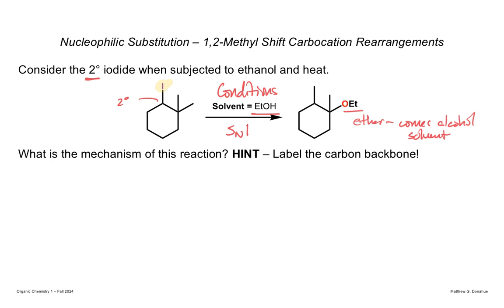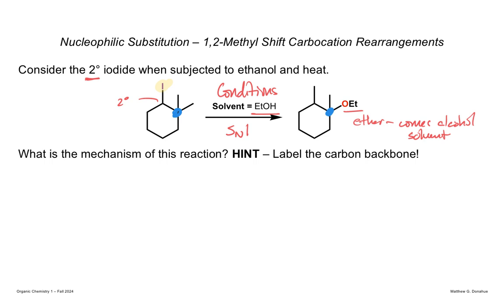But what's different now is, see that carbon in blue, it starts with 2 methyl groups, and then in the product it ends up with 1. And then we're seeing that O-ethyl bonded to that carbon. So something has had to happen to one of those methyl groups, and then ultimately the O-ethyl, the ether part, is trapping at that blue carbon.